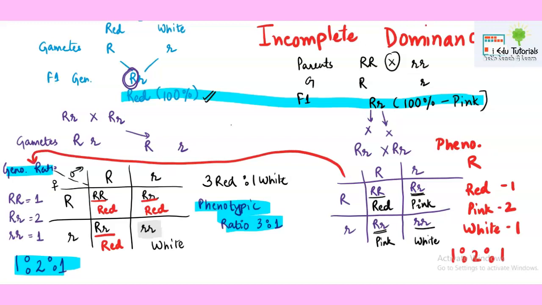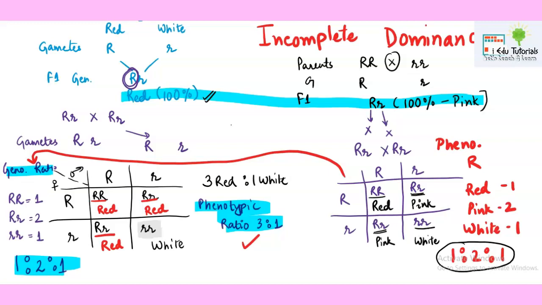That means if you compare the law of dominance with incomplete dominance, the phenotypic ratios are varying. In the case of the law of dominance, it was 3:1. But in the case of incomplete dominance, it is 1:2:1. However, there is no dissimilarity between the genotypic ratio of the law of dominance and incomplete dominance, right?